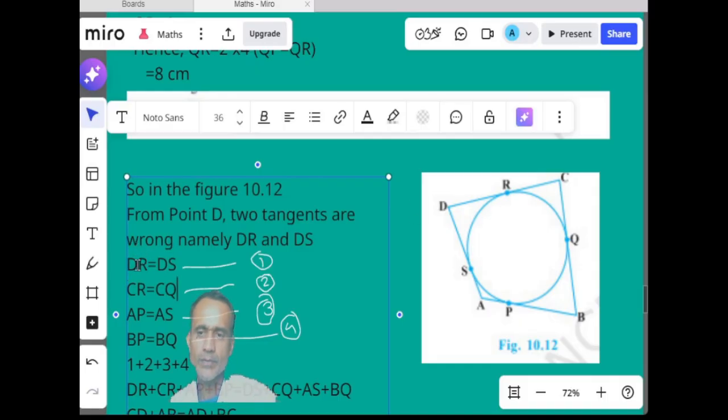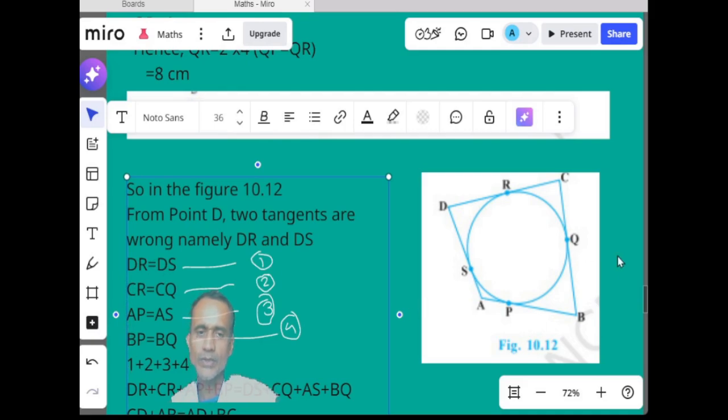If we add these segments, we should get this segment. So DR is equal to DS. I have written CR is equal to CQ. I have not written CQ is equal to CR, otherwise I will not be able to get this side CD. So you need to take care what to write first in this equality.